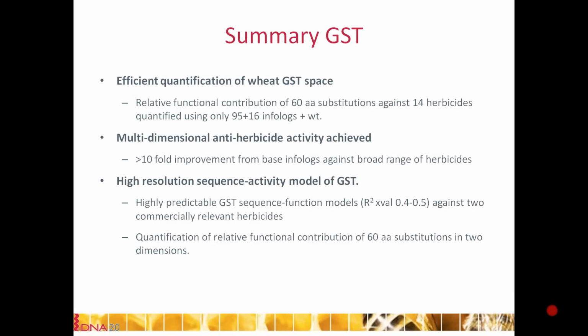We can use that now to navigate the space for improving a whole portfolio of different herbicides starting from the same underlying map, and use this as a really high resolution sequence-activity model of the enzyme and how these different amino acids contribute to activity.